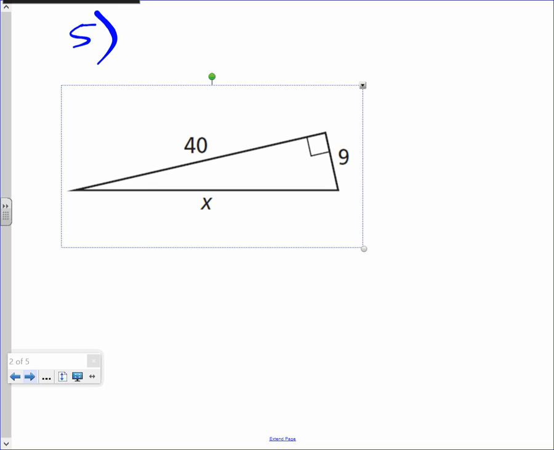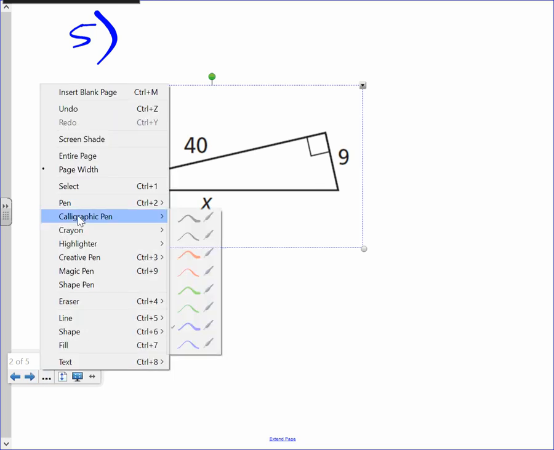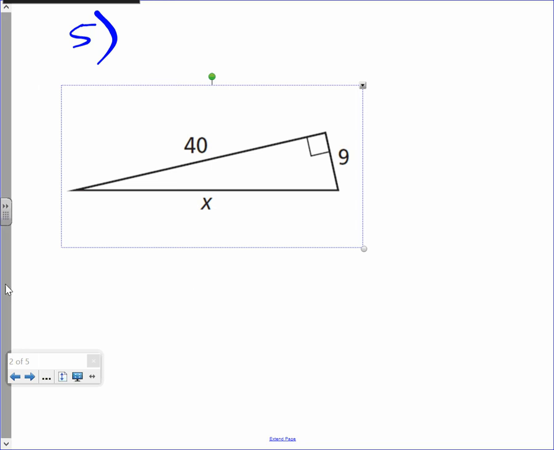A squared plus B squared equals C squared. Let's do it.